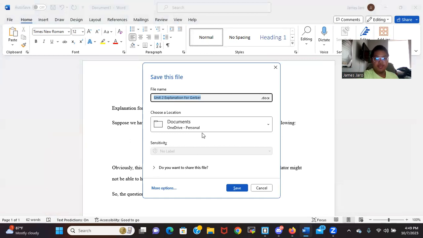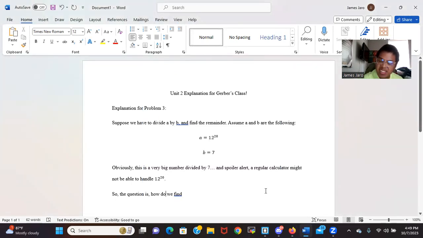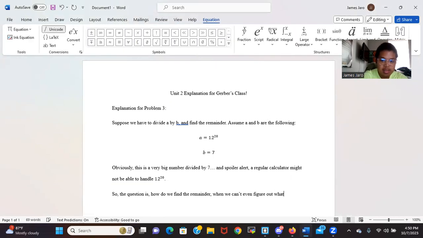Obviously, 12 to the 20th is a very big number, and we have to divide it by 7. And your calculator might not be able to handle that number. So how do we find the remainder when we can't even figure out what 12 to the 20th is?